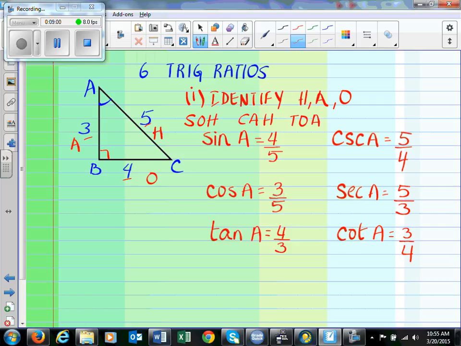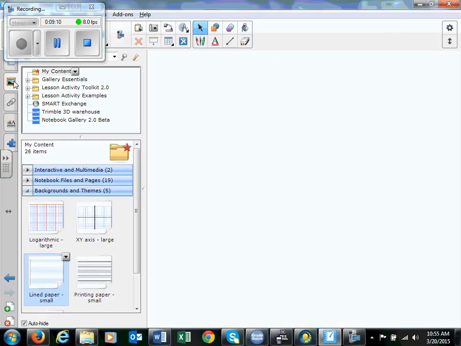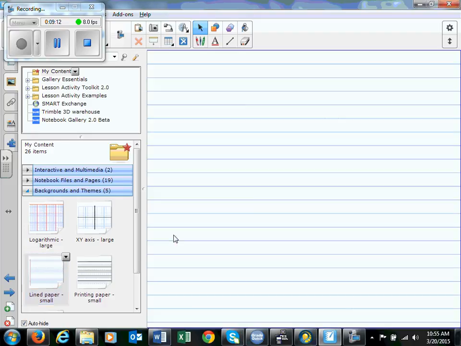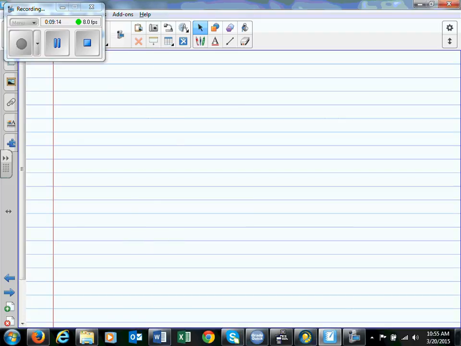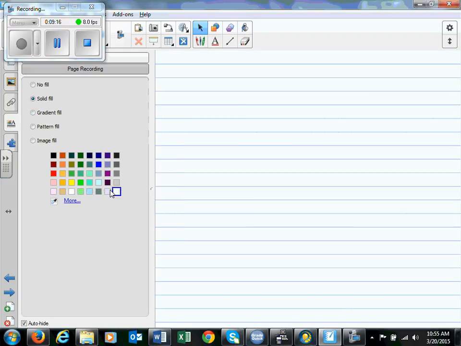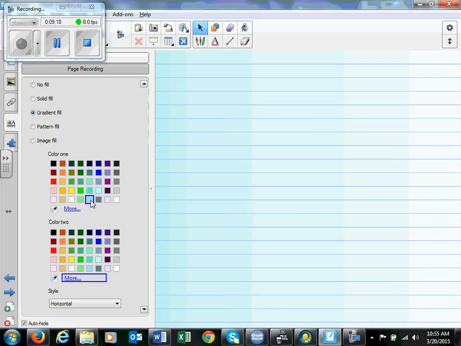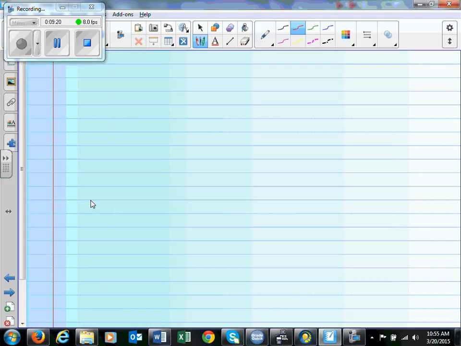Once you know this, you can easily establish what cosecant, secant, and cot are. Now for the next example, I am not given one of the sides, I do not know the third side, so we use the Pythagoras theorem for that.